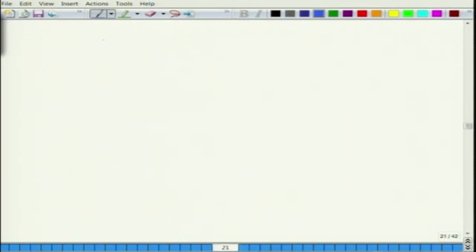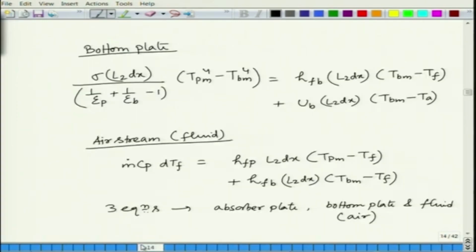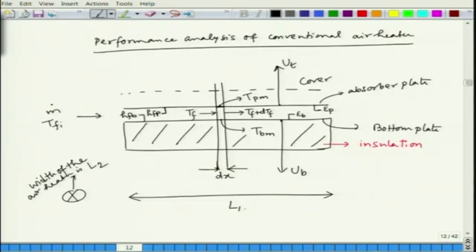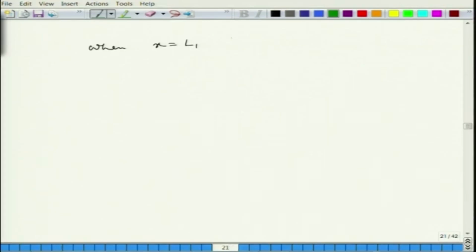So, now from this solution, when we have x equal to L1, L1 means the length along the flow direction, so x equal to L1 means at the end of the air channel, that means at the outlet.